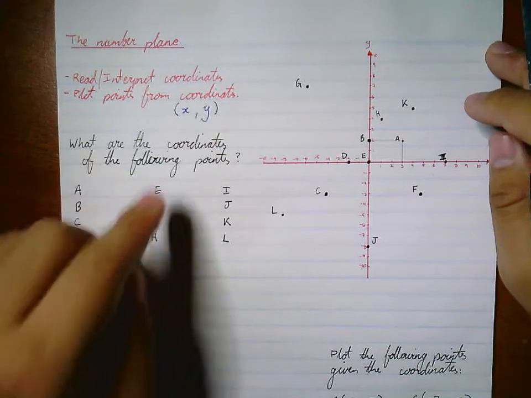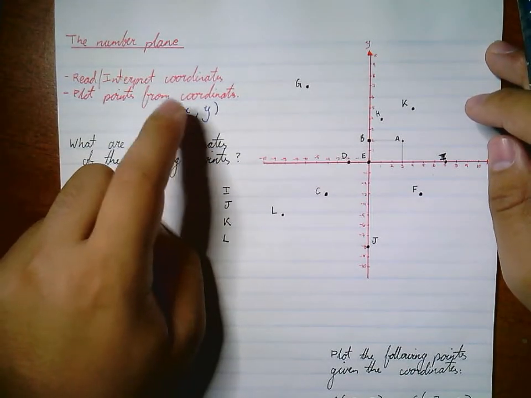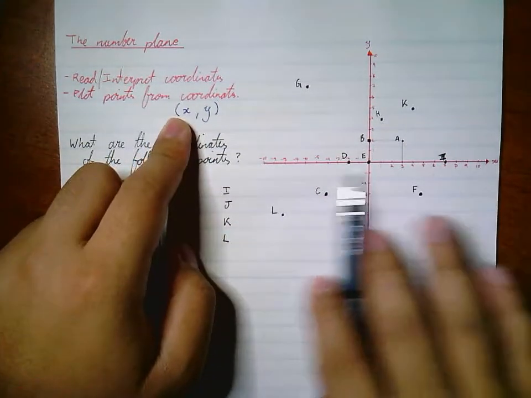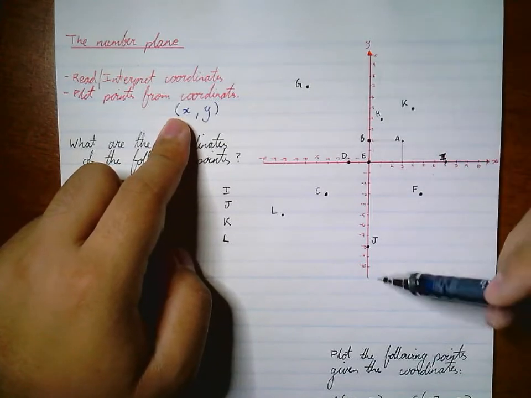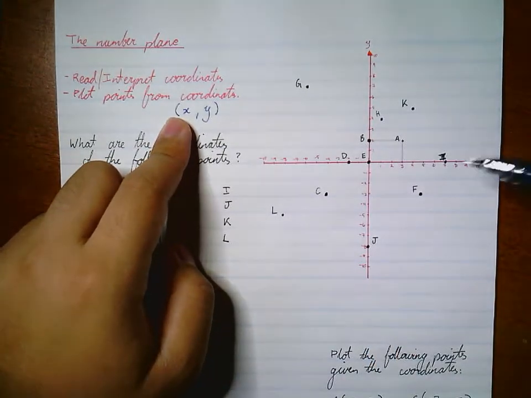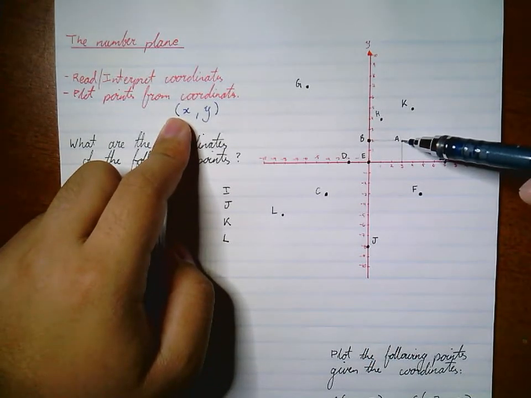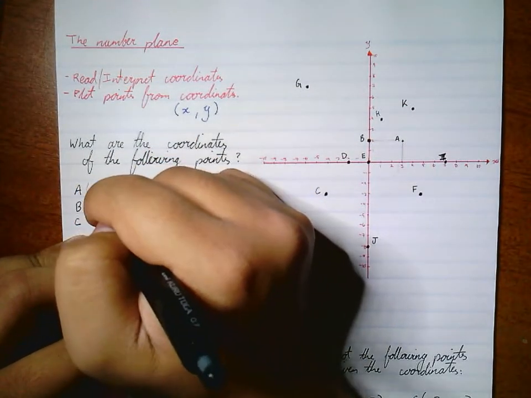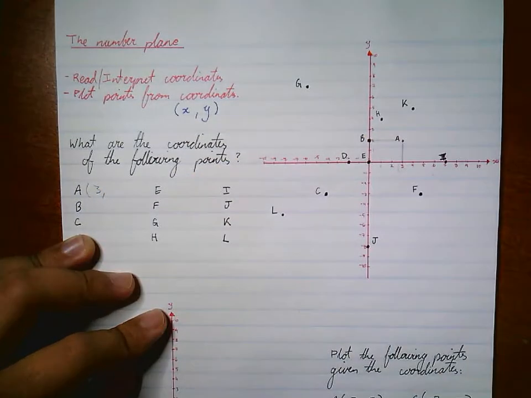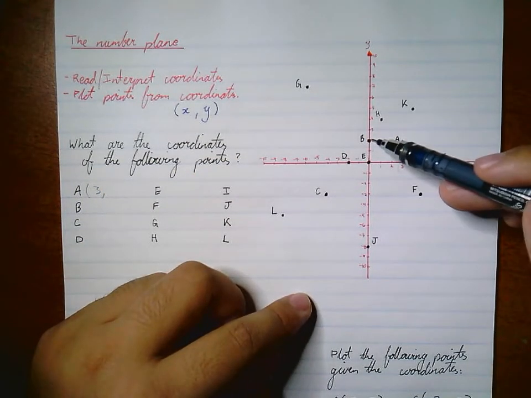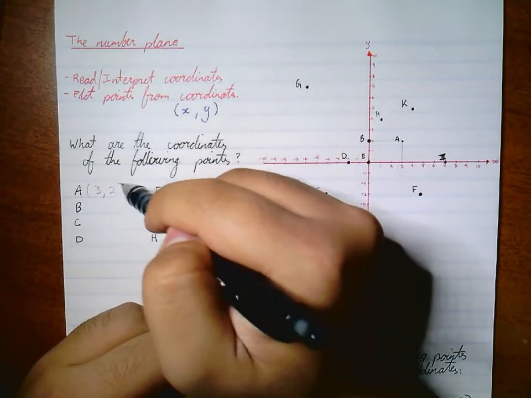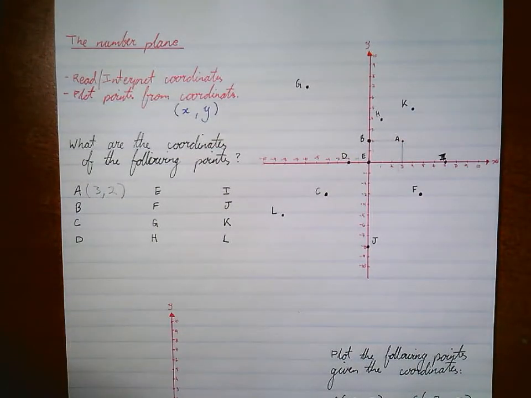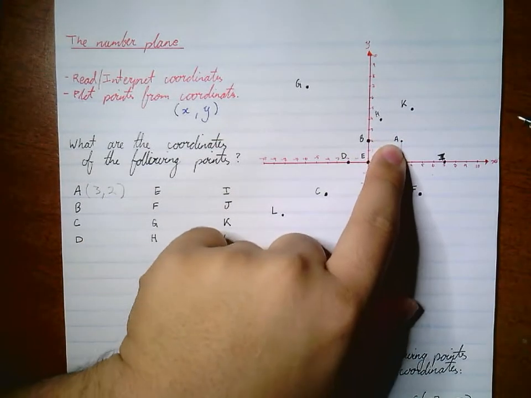Now remember, we read the x coordinate first and then the y. So what is the x coordinate of point A? It's this here, it's 3. So A is 3, 2. That is the coordinates for point A.